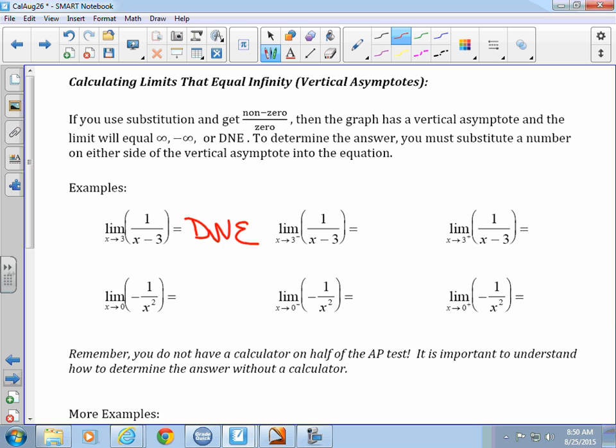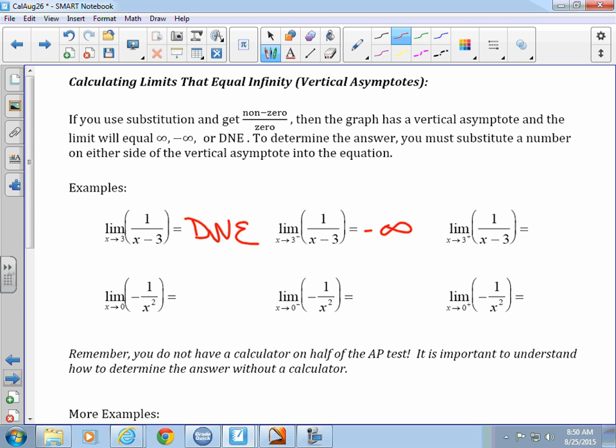What's the only thing I need to know? The sign. Right? So if I pick 2.9999999, would you agree that I would get a negative teeny tiny number on the bottom? And if I divide by a negative teeny tiny number, I get a really big negative number. Now, I walked through a little more than you will have to think about.